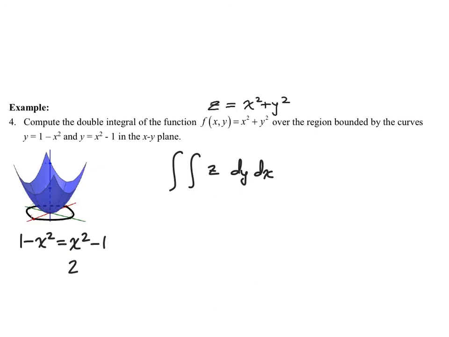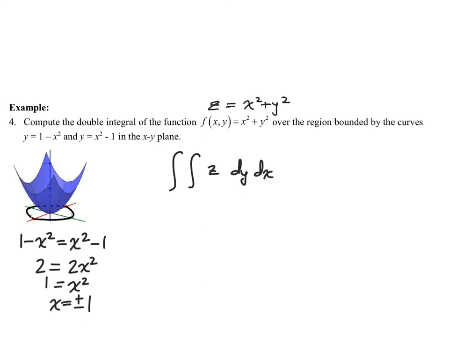I'm getting 2x squared equals 2, making x squared equal to 1, making x equal to plus or minus 1. So now I know my boundaries for x, which is great.